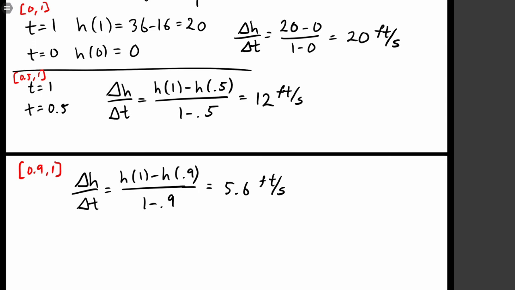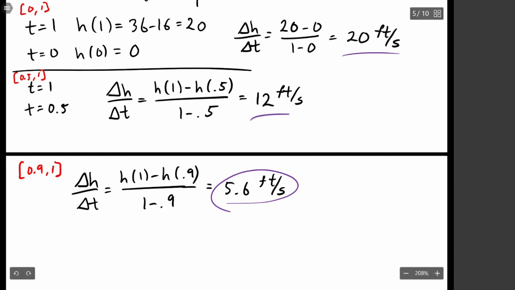So what does this tell us so far? Well, it tells us that we still have no clue what the velocity is, or the speed, because these numbers are so different. But we do know that this is the best guess we have so far. These two are wildly off, right? Because again, we're trying to narrow in on what exactly is the speed at 1 second.